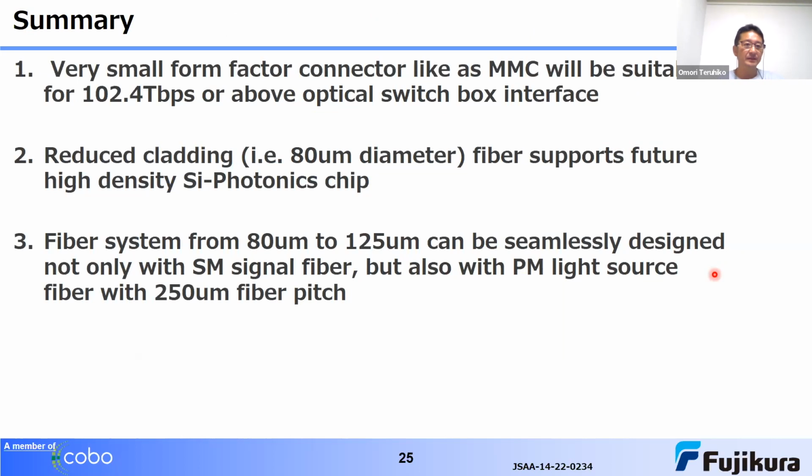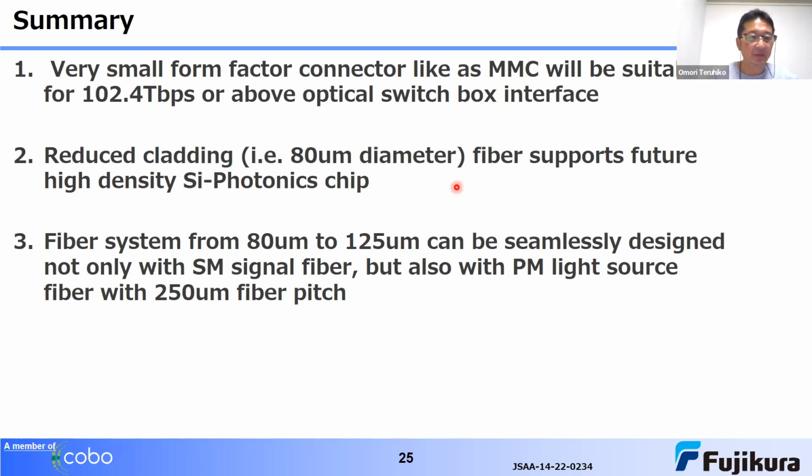And this slide is showing a summary. First, a very small form factor connector like MMC will be suitable for 102.4 terabit per second or above optical switch box interface. Second, reduced cladding, that is 80 micron diameter fiber, supports future high density silicon photonics chips.